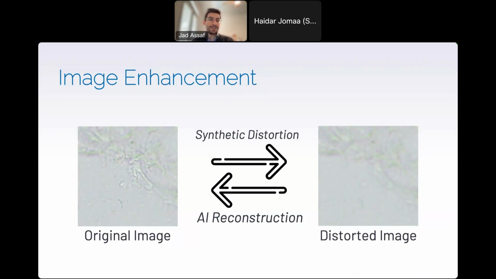And I decided to create a computer vision model that can distort these images manually using my optics knowledge. So I induced synthetic distortions for these microscopy images to the point where the images were completely blurred. And then I trained a diffusion model to move from these synthetically distorted images back to the original images.